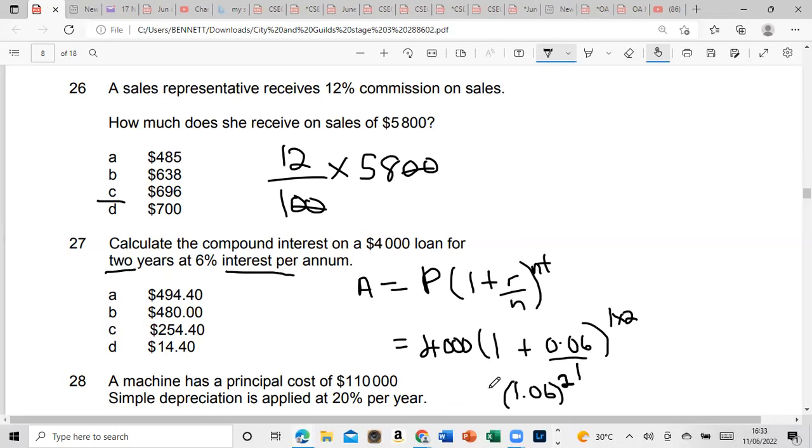1.06 raised to the power 2. I use the calculator just for time. 1.06 times 1.06 works out to 1.1236, times 4,000.